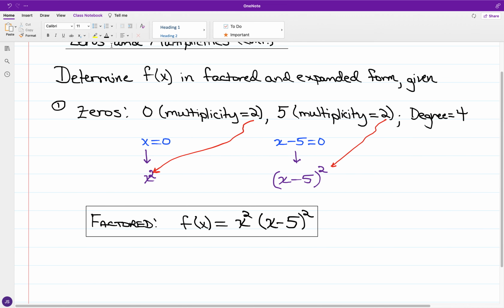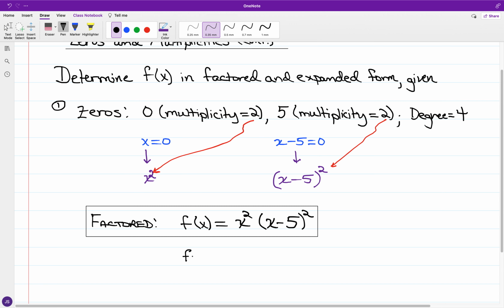Now, for an expanded form, if I have this as the factored form, f of x is equal to x squared times the square of x minus 5, we can rewrite this as x minus 5 times itself.